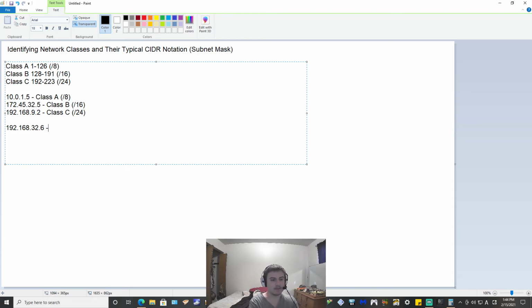Even though this is a Class C IP address, we usually put the slash at the end for the subnet mask, so it would be read out like this: 192.168.32.6/8. That /8 is our CIDR notation. So it's a Class C IP address, but it's actually subnetted as if it's the typical Class A address.